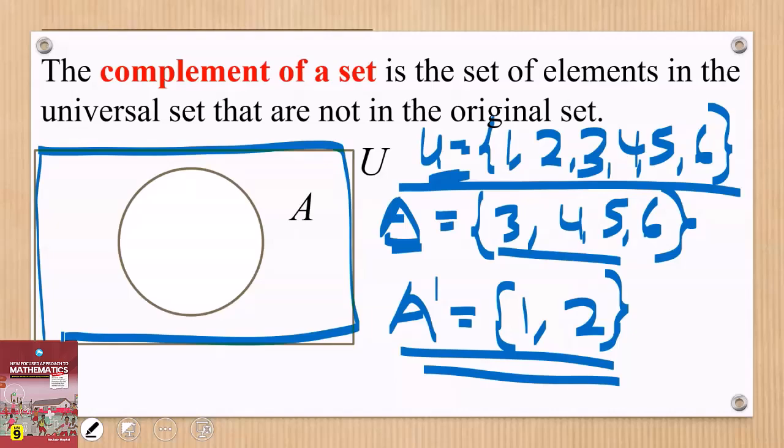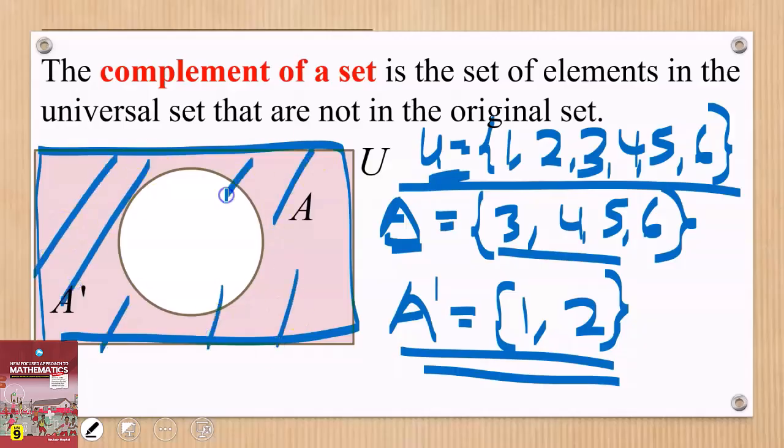Now, the complement of set A are all the elements that are outside the set A, but inside the universal set. That is what you represent as A complement. So diagrammatically, we can use this to represent the complement. So the complement of a set represents all the elements that are outside the original set A.